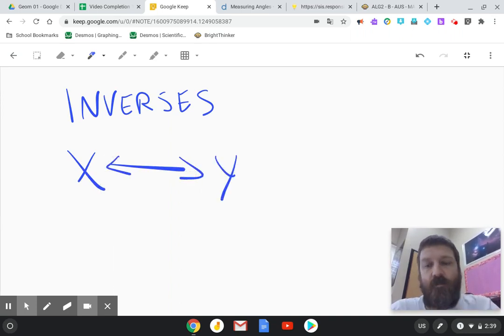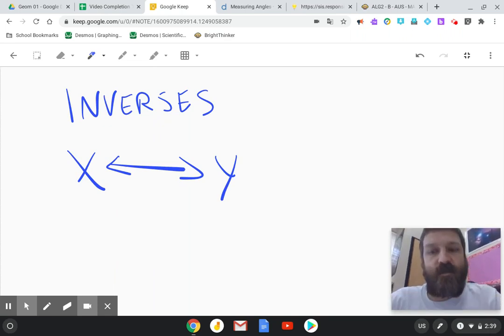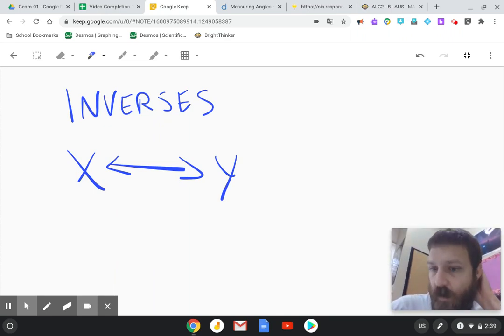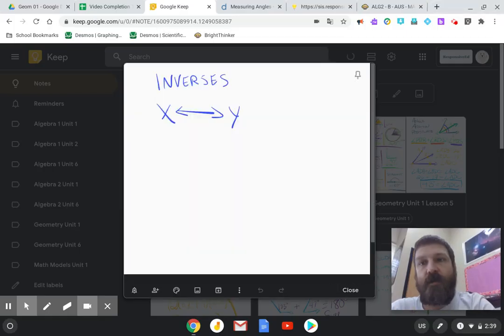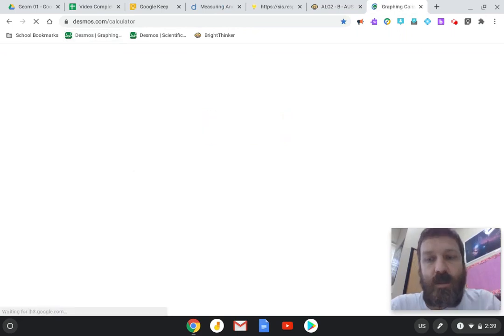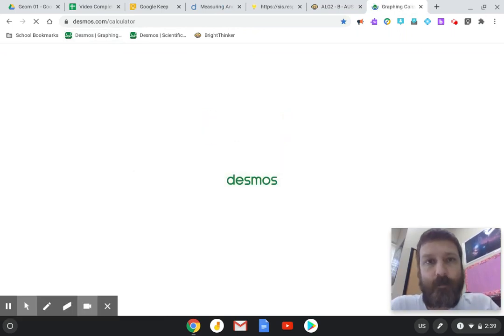It's a way of looking at what the function is that is the exact opposite of whatever our current function is. So first I want to look at what this looks like graphically, and then we'll talk about what it looks like algebraically.